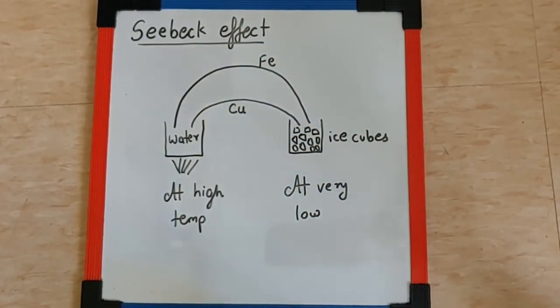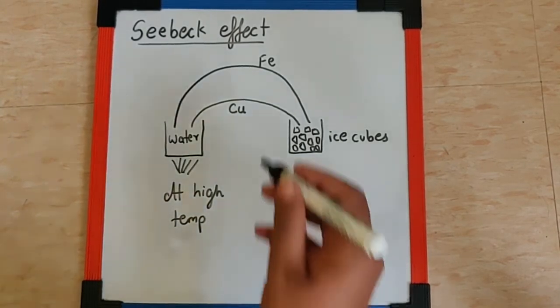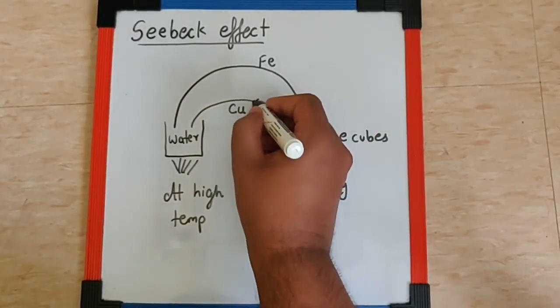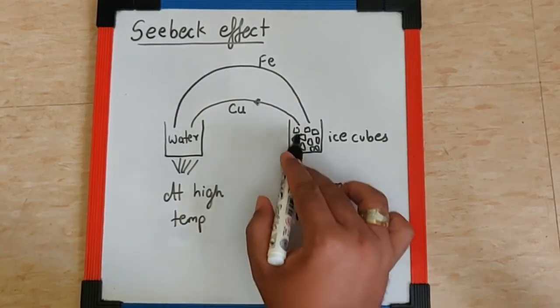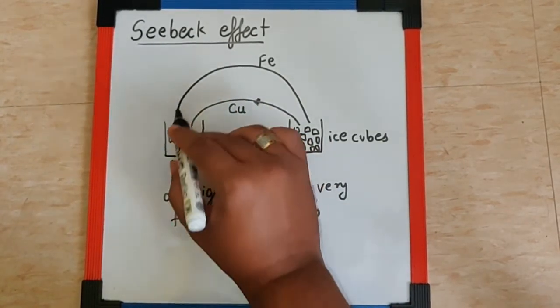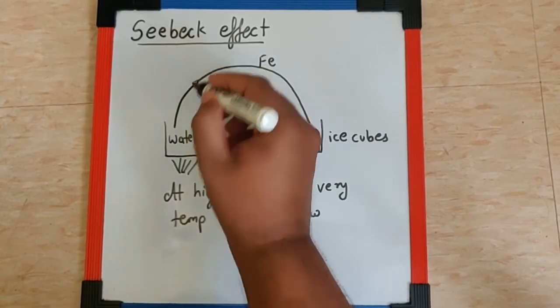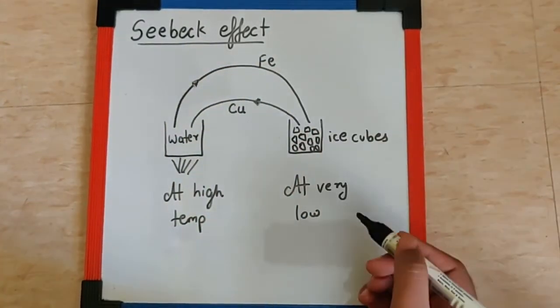What we find is that the current flows in these two wires: in case of copper it flows from cold junction to hot junction, in case of iron it flows from hot junction to cold junction.